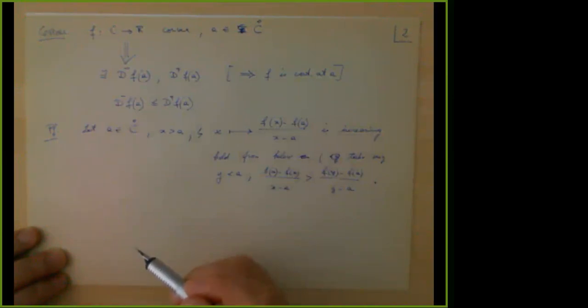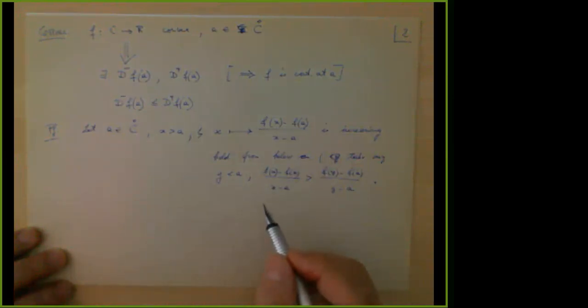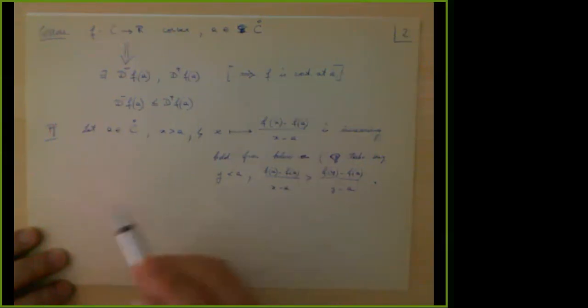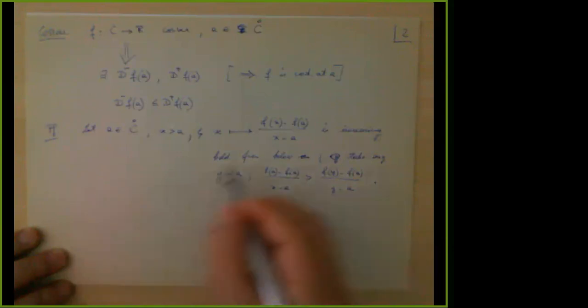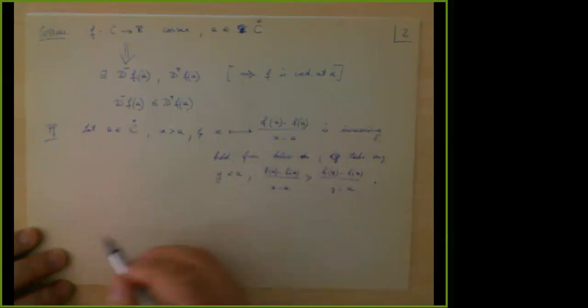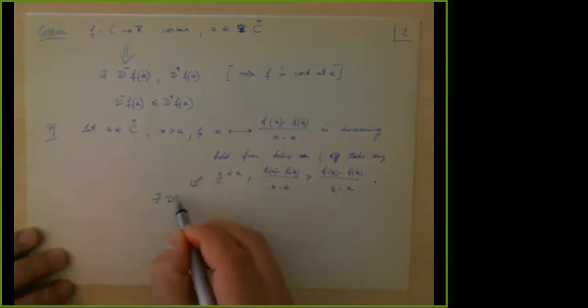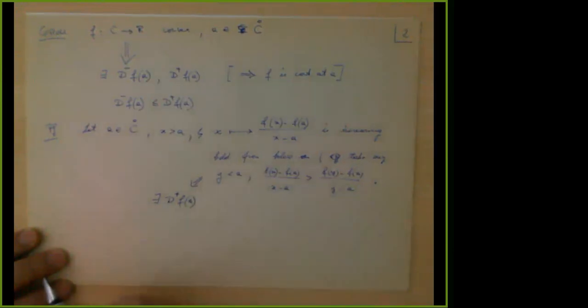By the way, the limit coincides with the infimum of this function for x strictly larger than A. So this simple observation together implies that indeed there exists the derivative from the right of the function f at the point A.